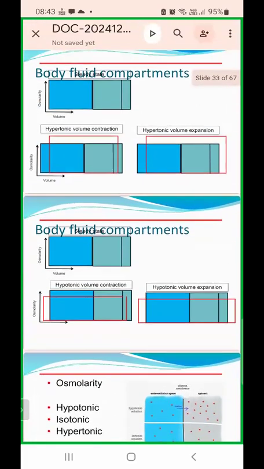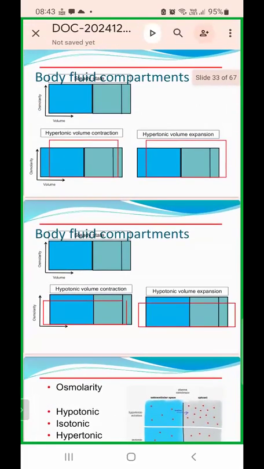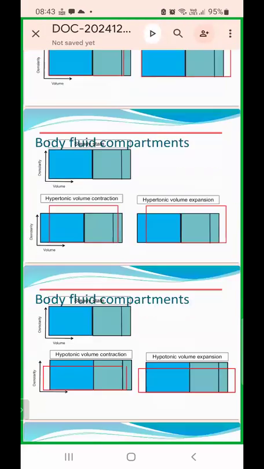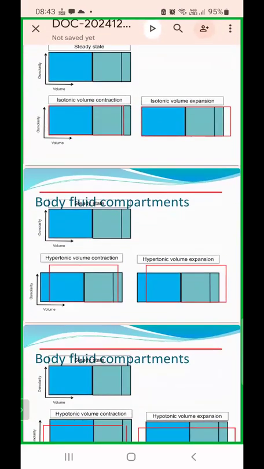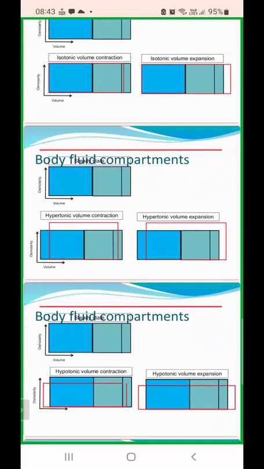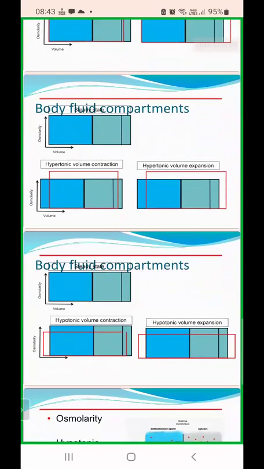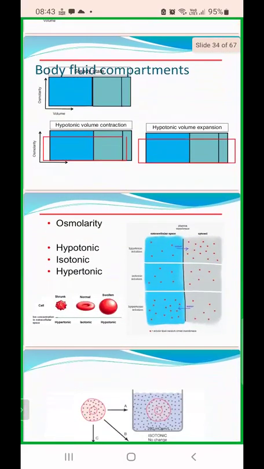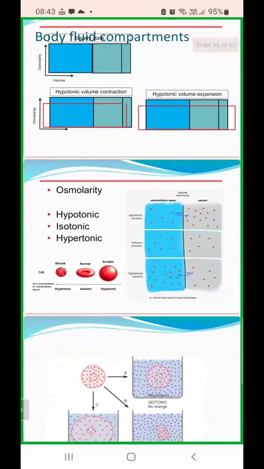It is very important to identify which one the person is having. This can be explained on the basis of the osmolarity concept: hypotonic, isotonic, and hypertonic.